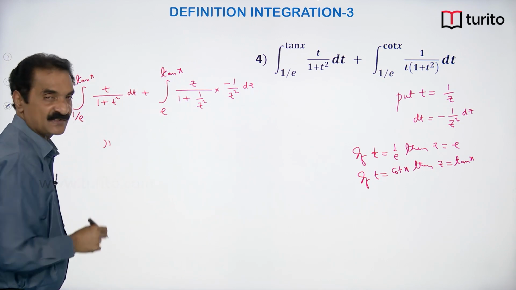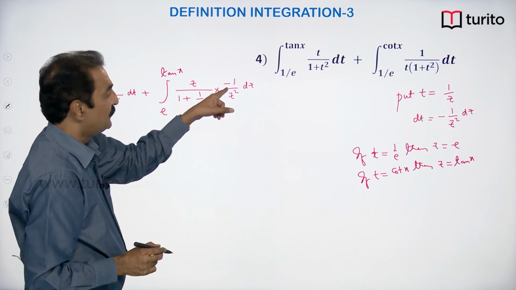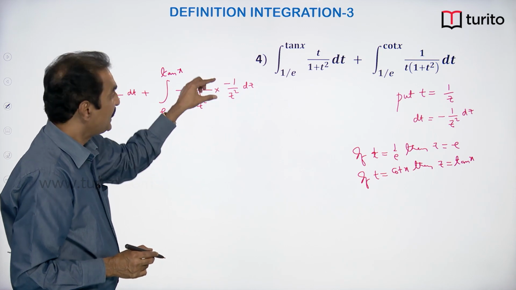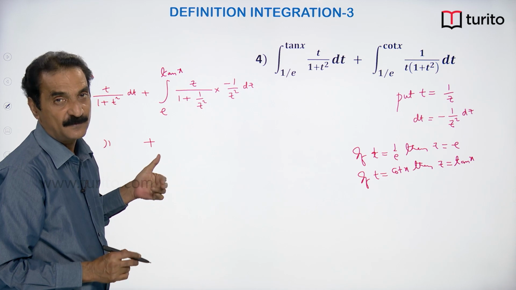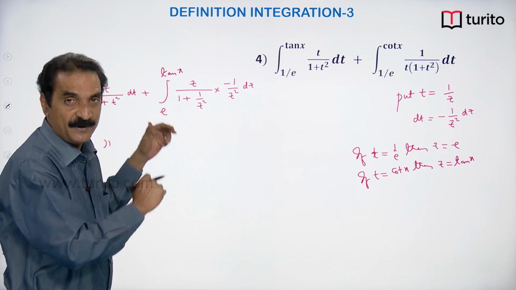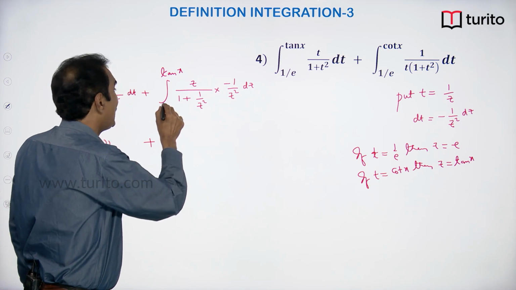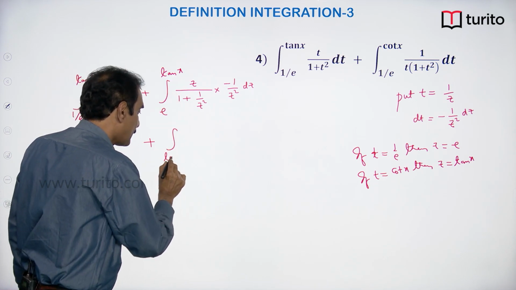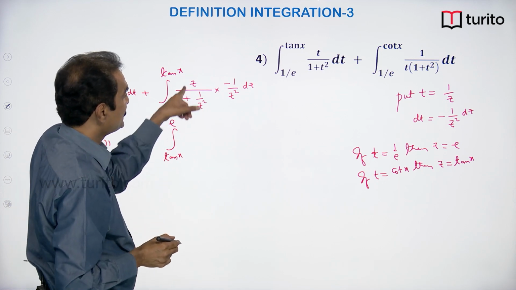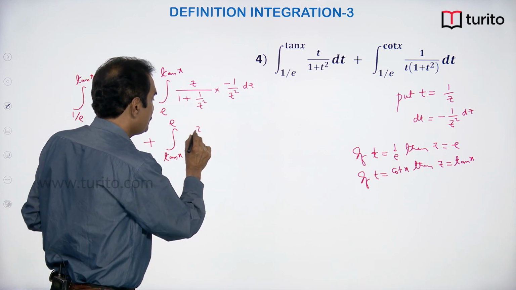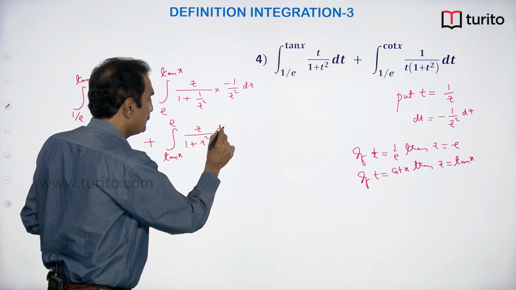First integral as it is plus, we got a minus sign inside, we can remove that minus sign by interchanging the limits of the definite integral. All of you know the property, when you interchange the limits, sign will change. So, I will write this as tan x to e, simplify this, z by 1 plus z square dz.